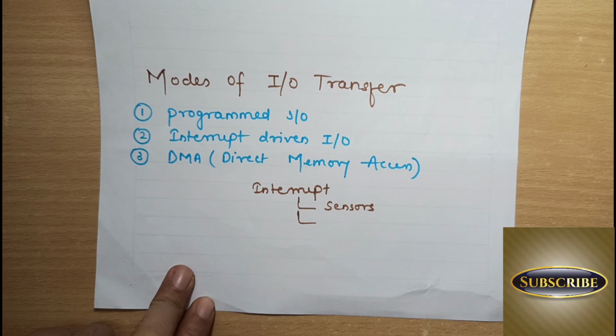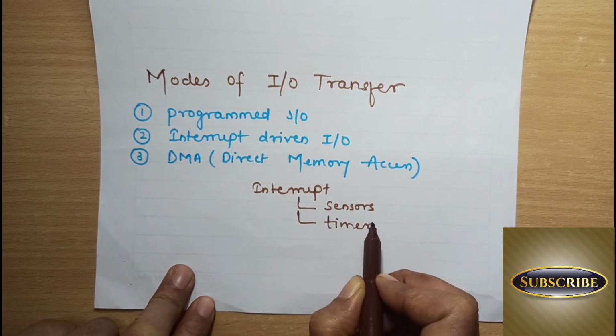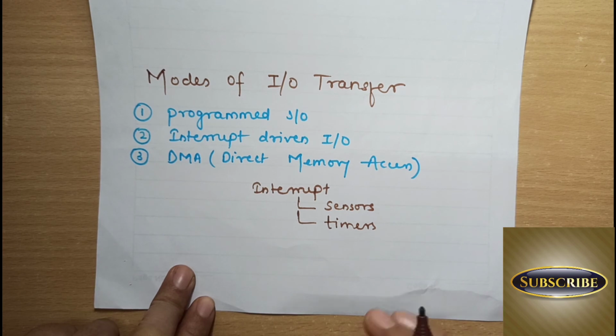Second thing is the timer. We have studied CPU scheduling algorithms. There we have studied the round robin scheduling algorithm. There we use the timer, where we give a fixed amount of time to each of the processes executing in the system, right? We don't want a process to execute all the time.